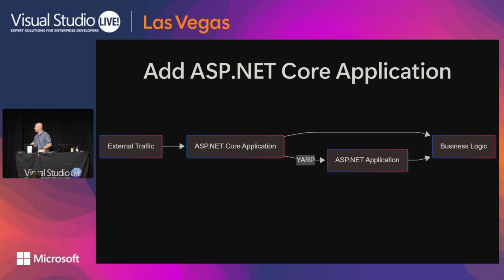Then we create a front end. Let me say that again cogently. All the traffic comes into an app that does nothing. This ASP.NET Core app, all it does is proxy everything using YARP, yet another reverse proxy.